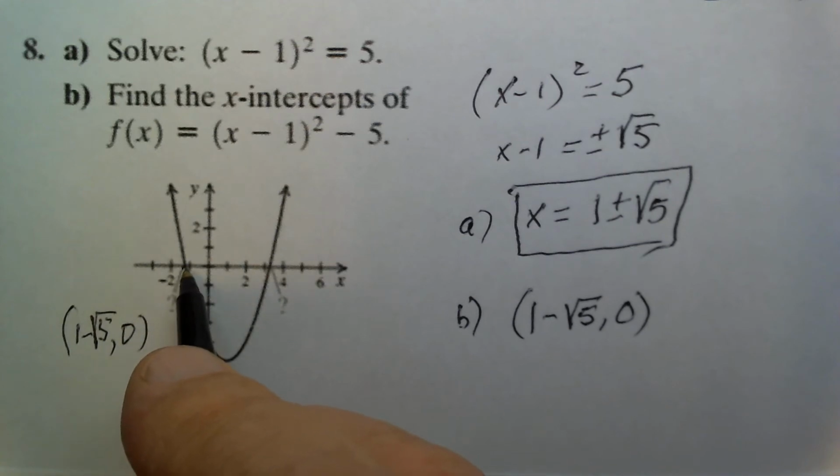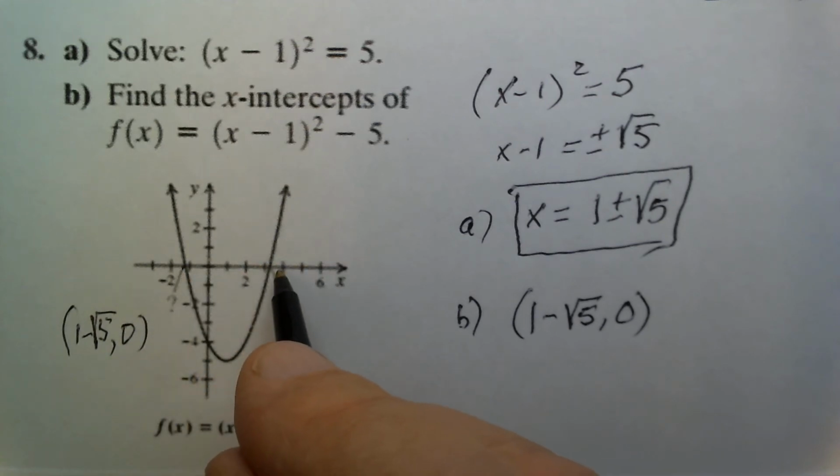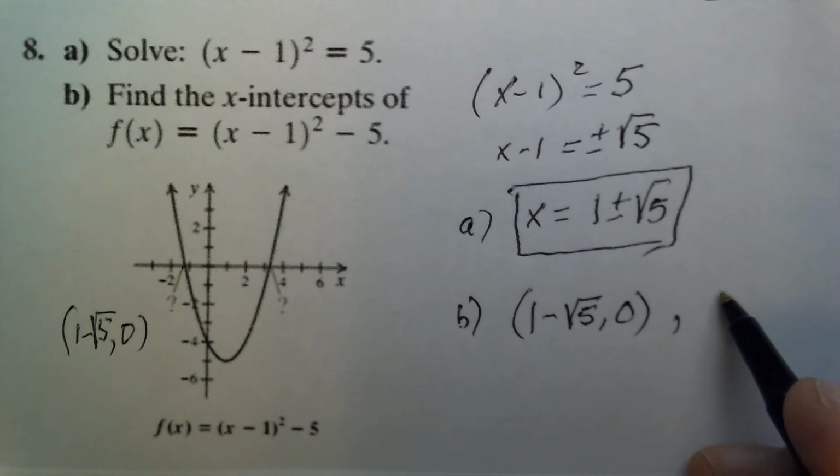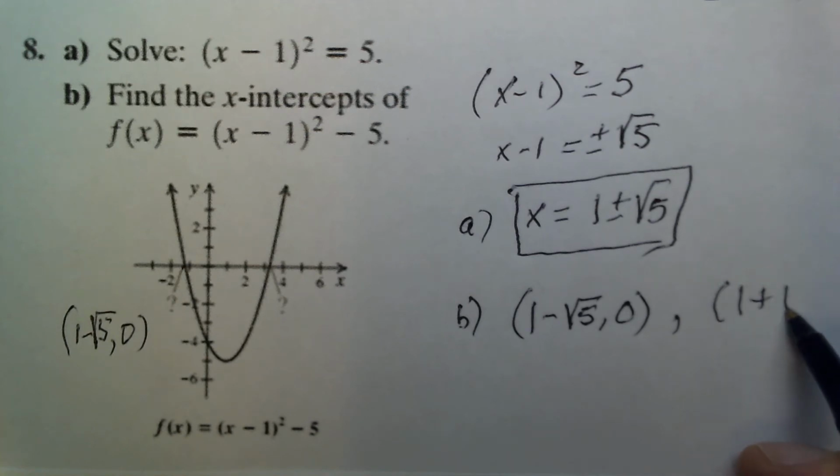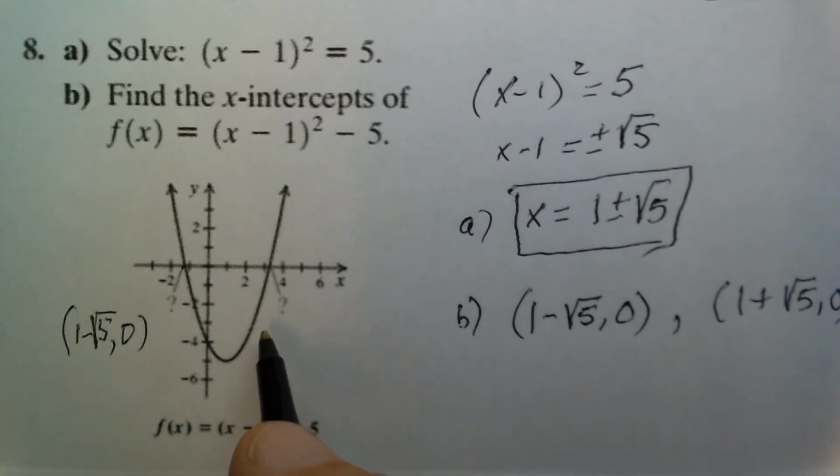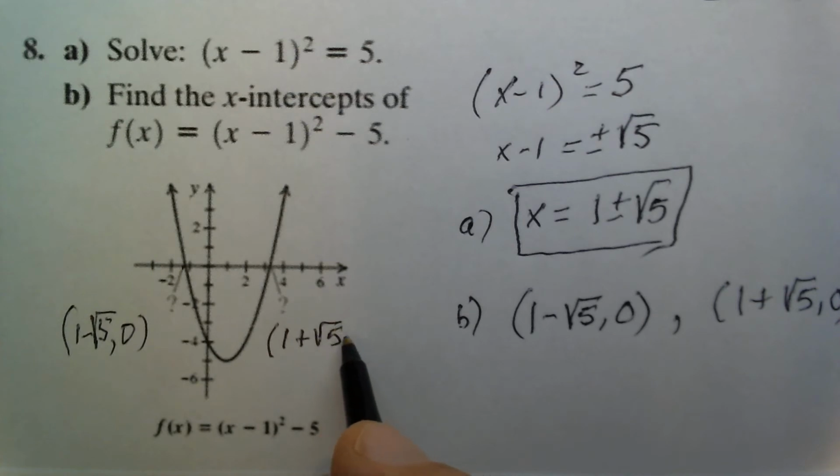That would be this one here. And then the other intercept would be 1 plus the square root of 5, comma 0. That's this one here.